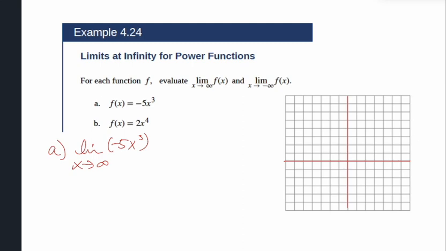So we know that A looks something like that. It's a flipped upside down cubic with a negative exponent. It's going to flip it upside down. That 5 is just going to kind of stretch it. But so the left end goes to positive infinity, but the right end now goes down.